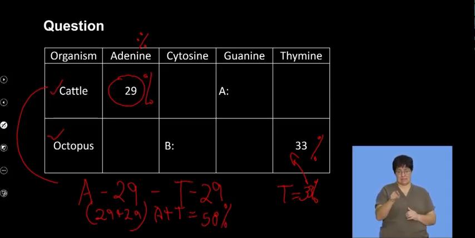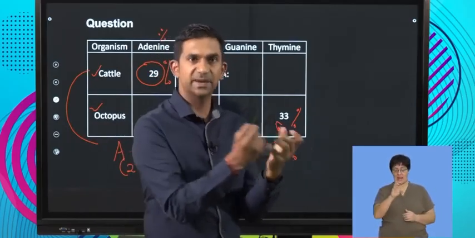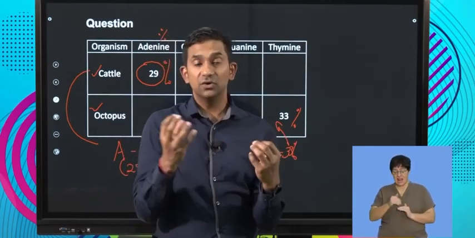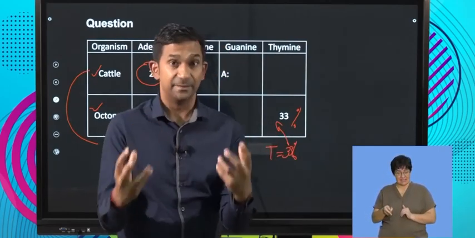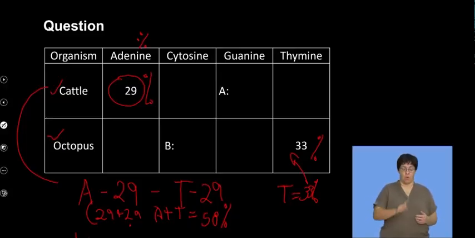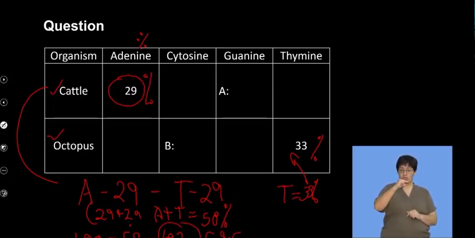Knowing that this is a percentage, it means that the balance, 100 minus 58, should give you what's left over. The leftover bases are your cytosine and guanine. So 100 minus 58 is equal to 42. That means the balance, which is guanine plus cytosine, equals 42.